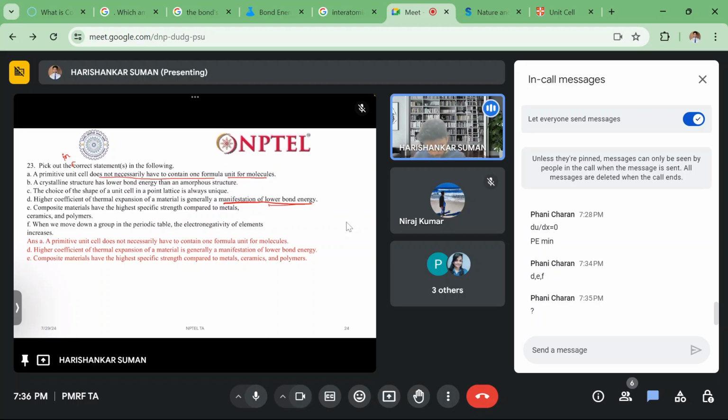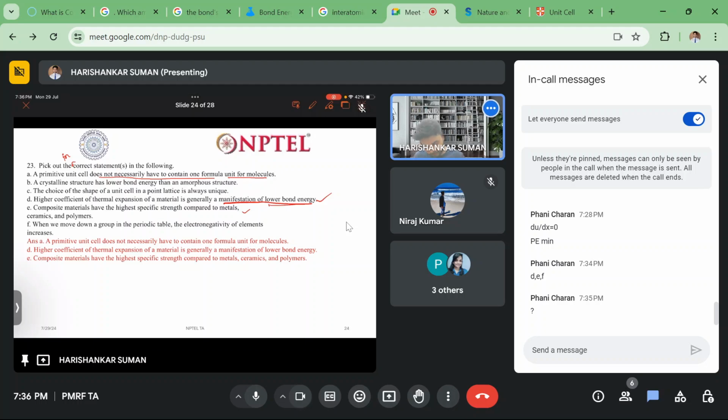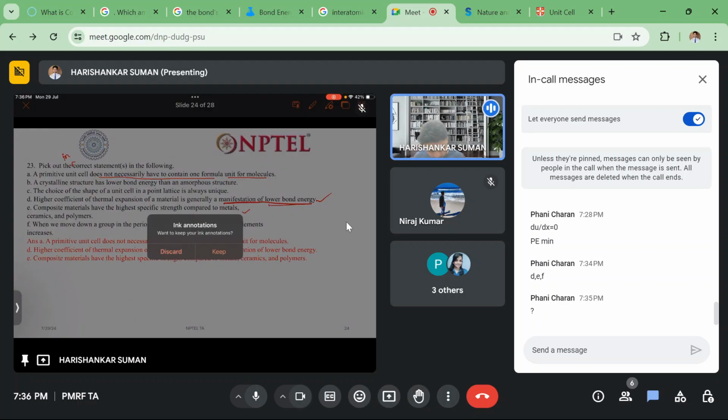And which composite material has the highest specific strength compared to metal, ceramic, and polymer? Okay. When we move down in the periodic table, electronegativity of elements increases. This is a typo error.